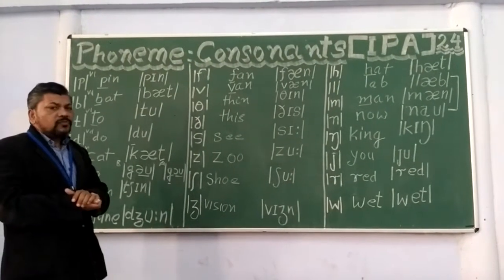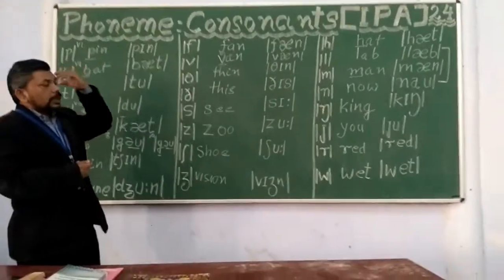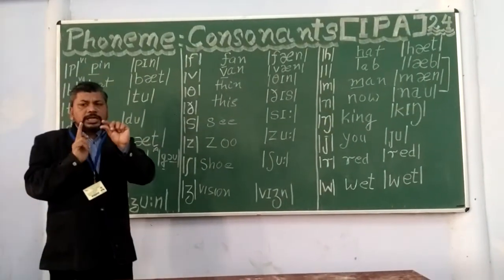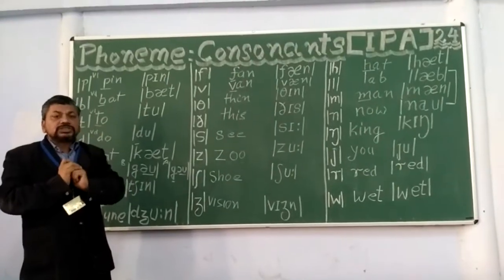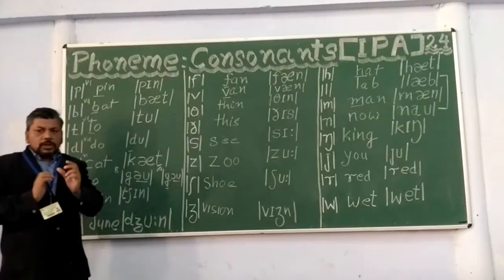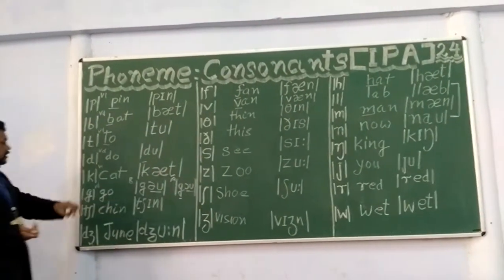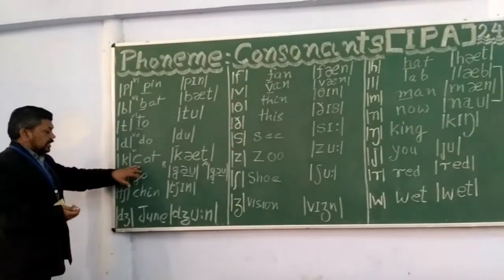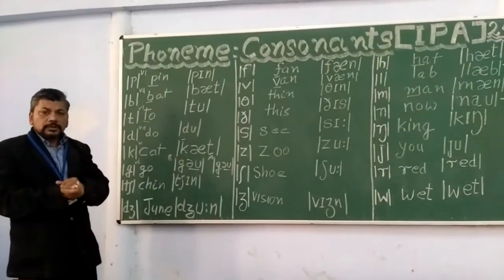International Phonetic Alphabet. Thus, we had a nice discussion on phoneme. Phoneme is the smallest unit of language, the smallest unit of sound system, and because of that, we can identify where the C alphabet is pronounced as K, or as Cha, or as Sha.